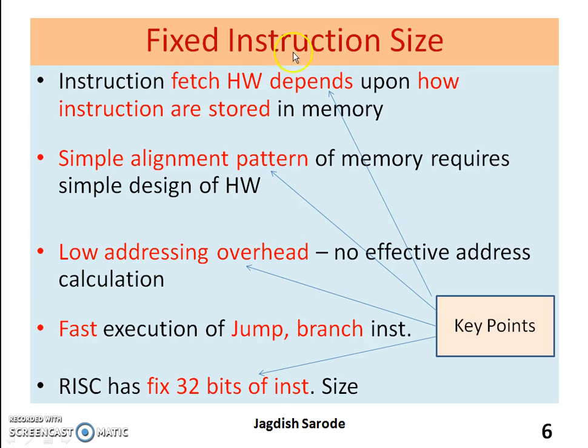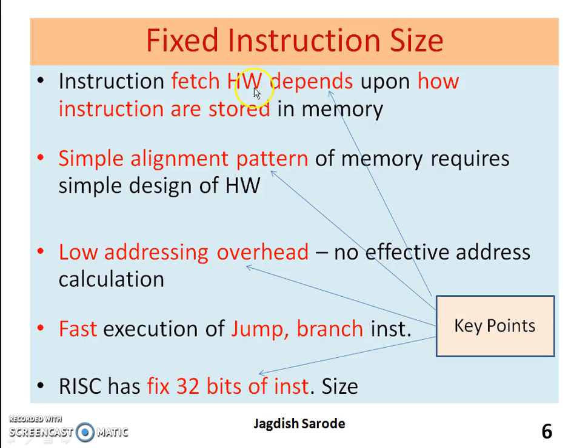Then by using fixed instruction size we can achieve low addressing overhead. There is no need for address calculation, and we can reduce the overhead of this address calculation by using this fixed instruction size.